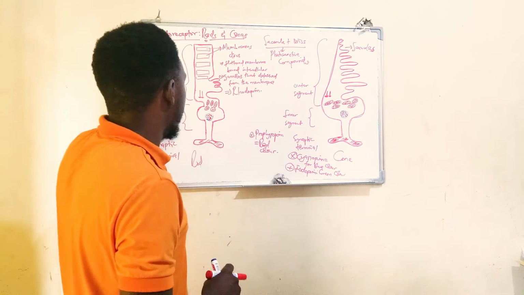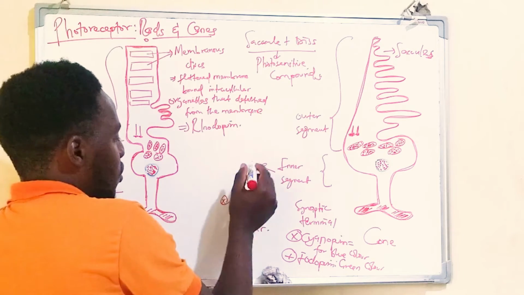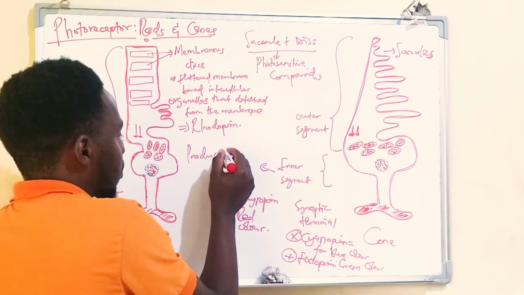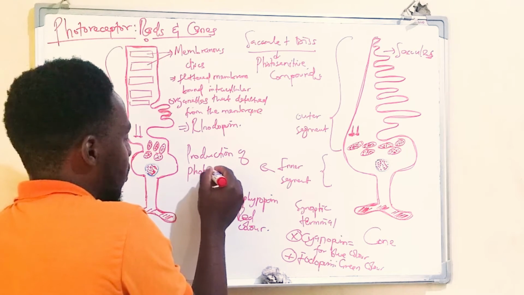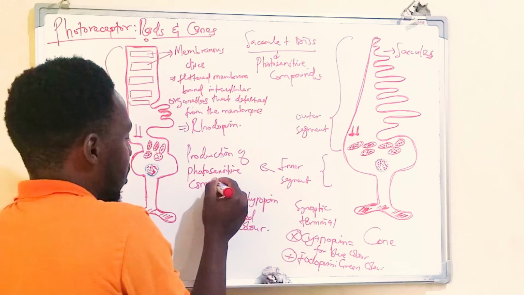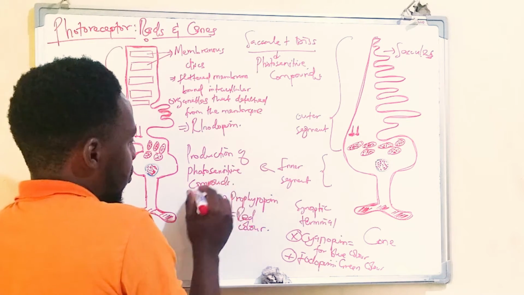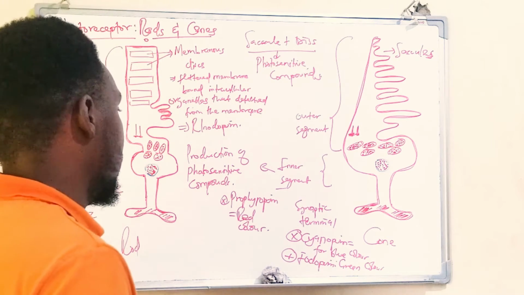Then in the inner segment of both, that's where production of photosensitive compounds is happening. The inner segment functions in production of photosensitive compounds.